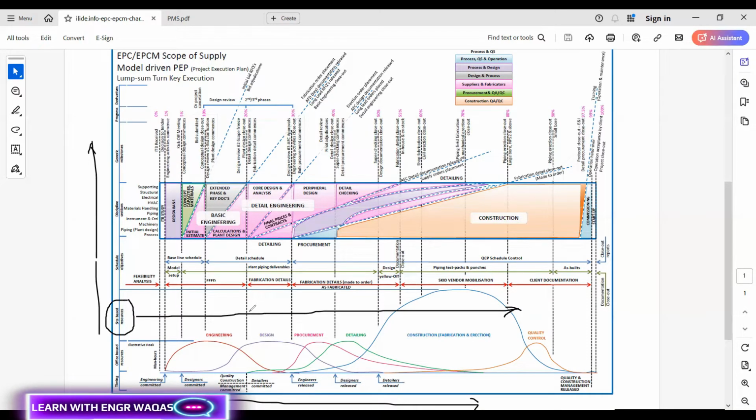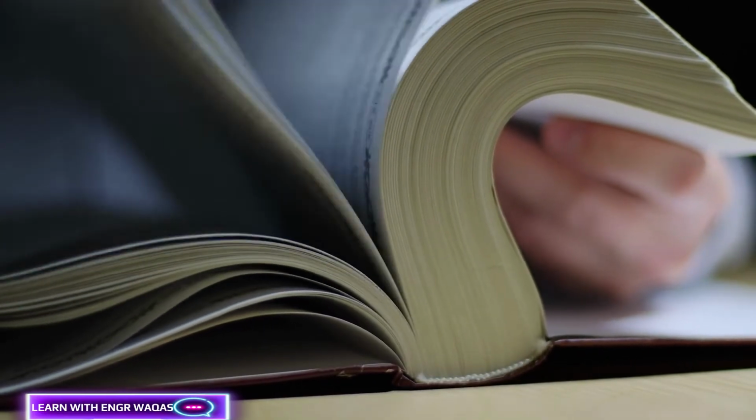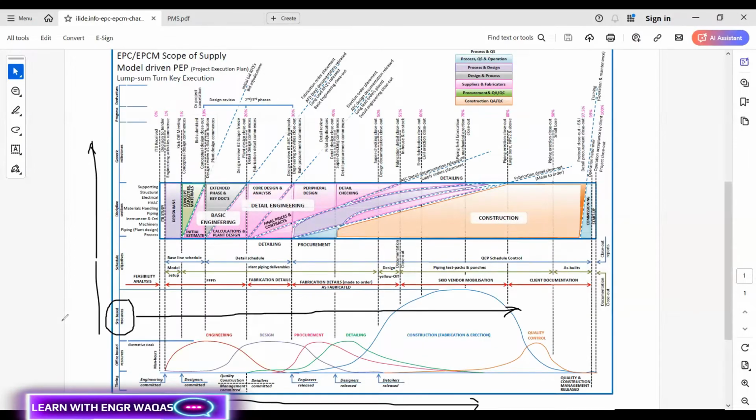I'm just trying to simplify it so that you can understand. Actually, this complete diagram is absorbing a one-thousand-page thick book's worth of material. So it's a very simple thing, and now you have to understand things one by one.